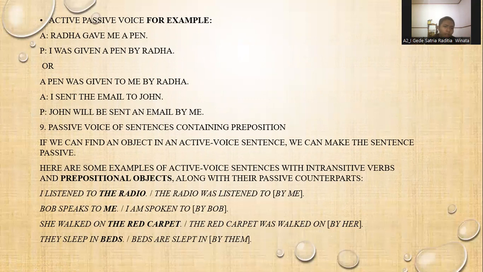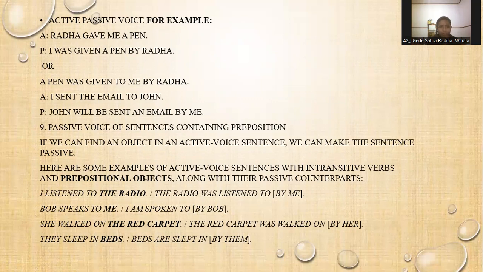The ninth topic: passive voice of sentences containing a preposition. If we can find an object in an active voice sentence, we can make the sentence passive. Here are some examples of active voice sentences with an intransitive verb and prepositional object, along with their passive counterparts. I turned to the radio.